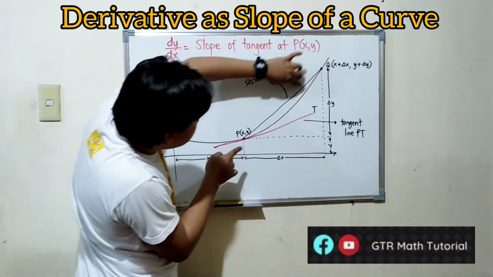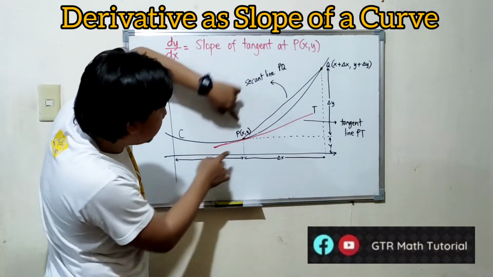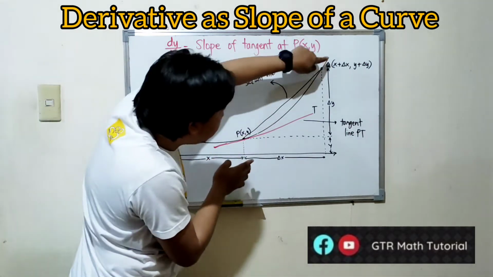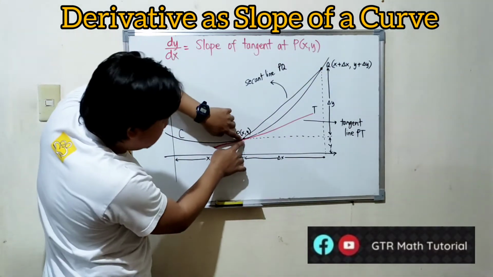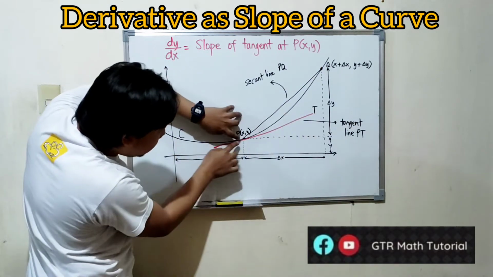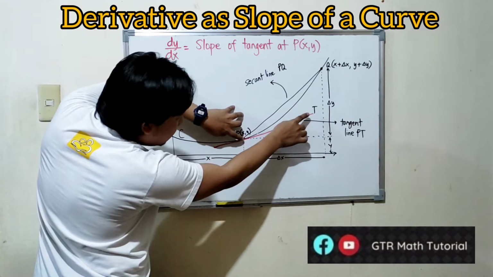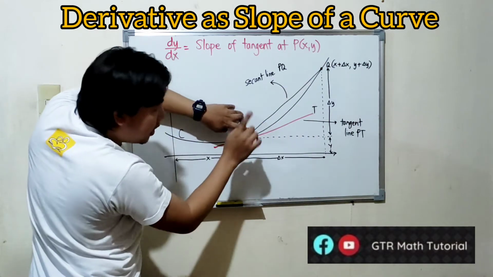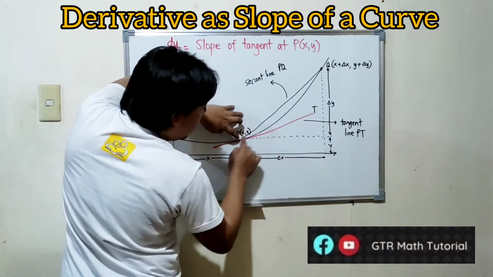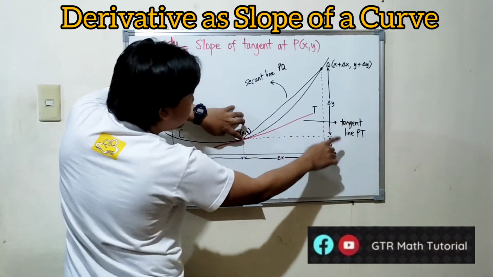So this line is called the secant line PQ. So secant line, the line that intersects the curve at 2 points, point P and point Q. Then, this is the tangent line, PT, the line that intersects the curve at 1 point, and that point is the point of tangency. So, line PT is the tangent line.